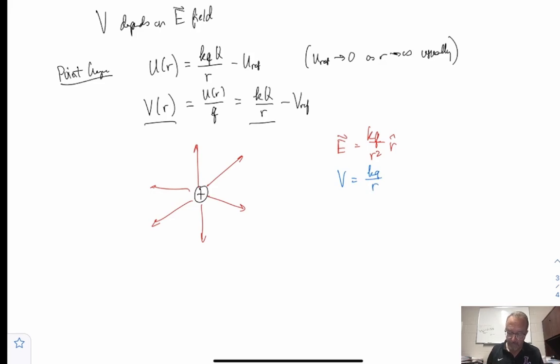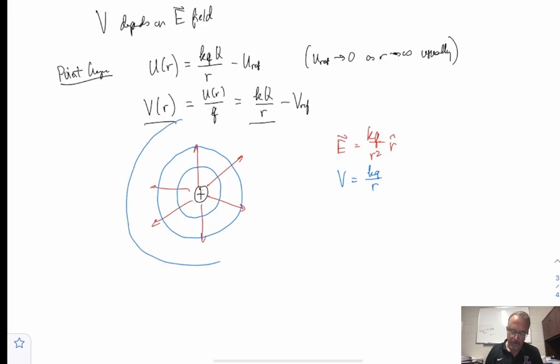It's a scalar quantity. But it depends on the radius, the distance away from the charge. It has the same value for every point on that same R, and it decreases as we get further and further away from the charge, 1 over R.